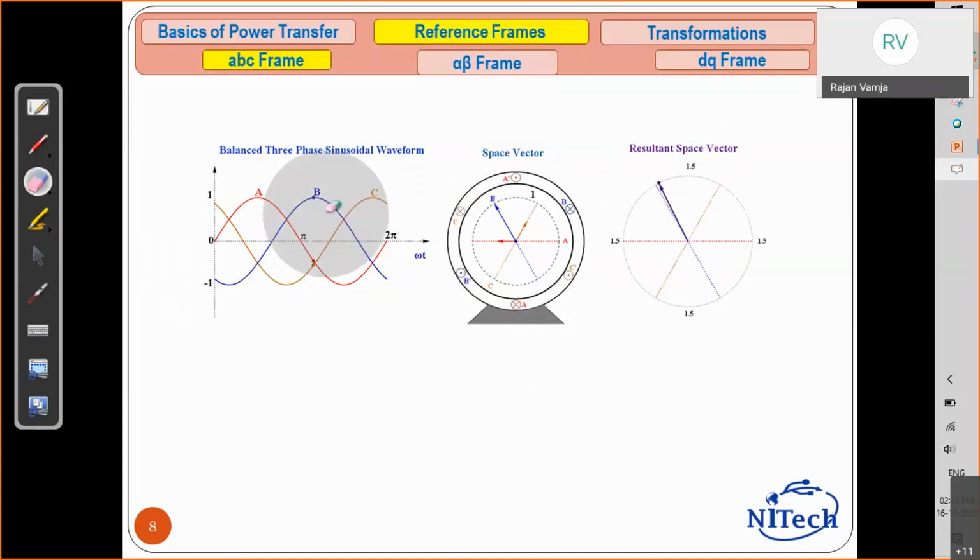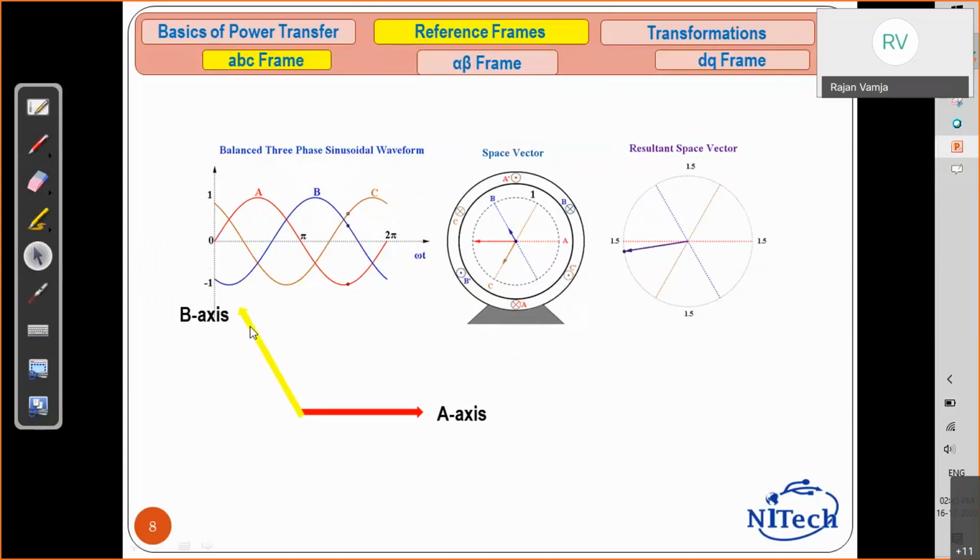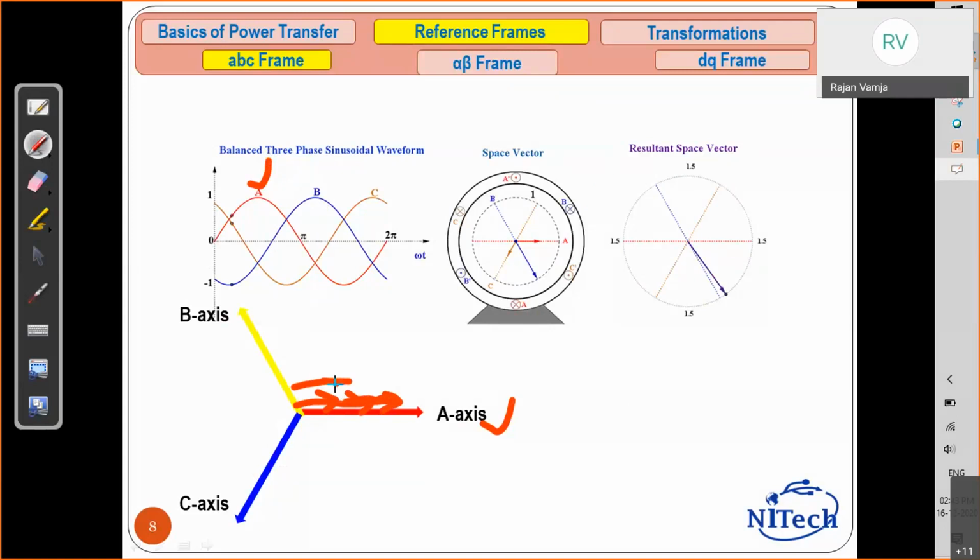This is the A axis, B axis and C axis. The A quantity will increment slowly, then decrement, increment, decrement, in an axial manner.